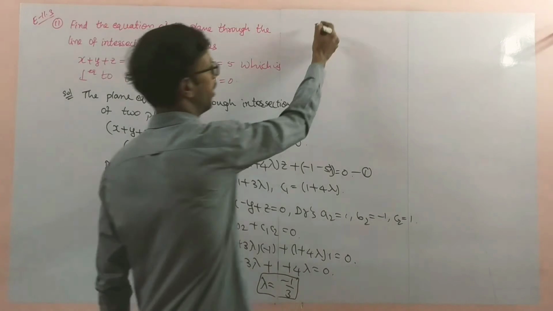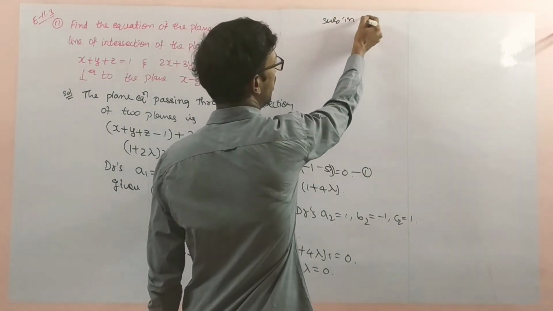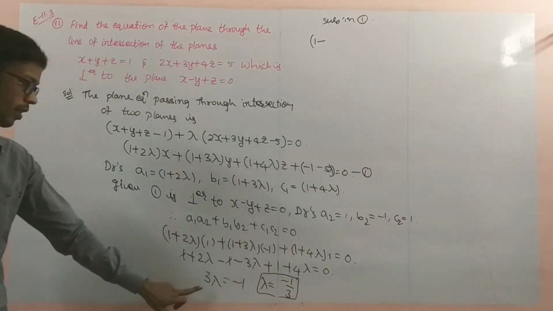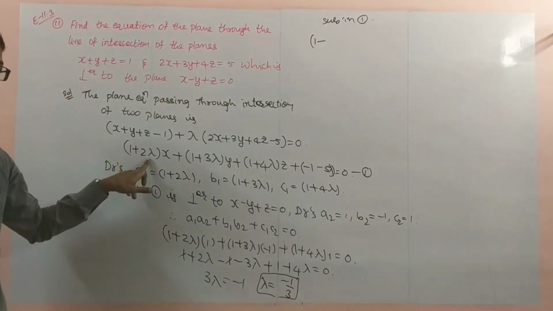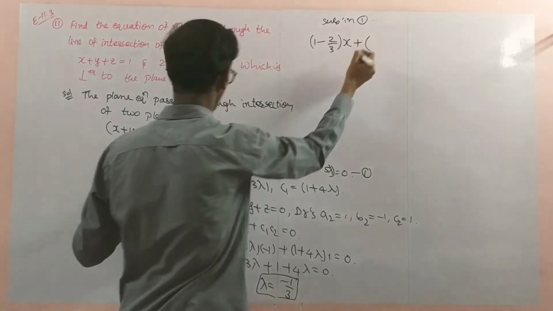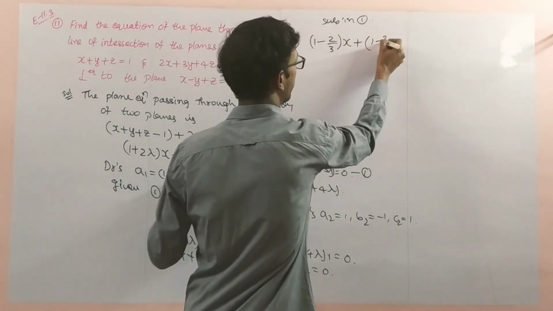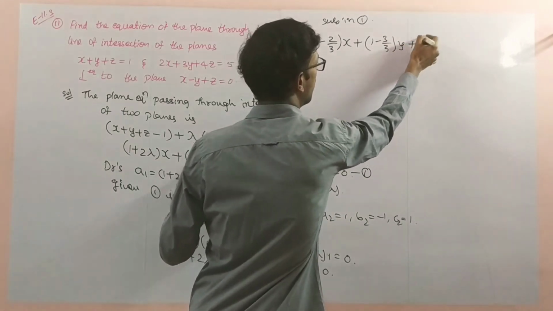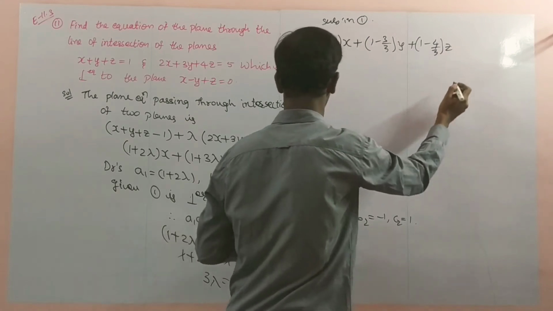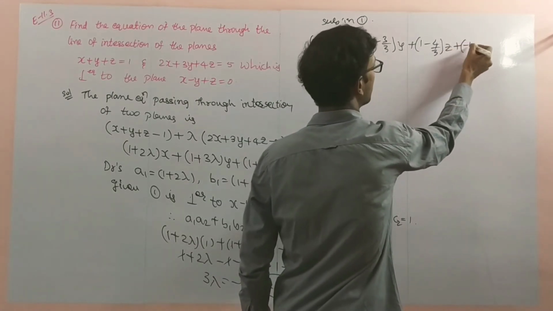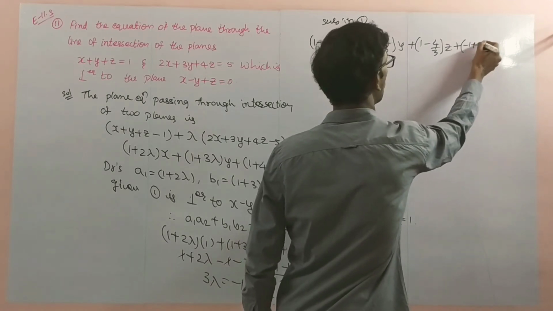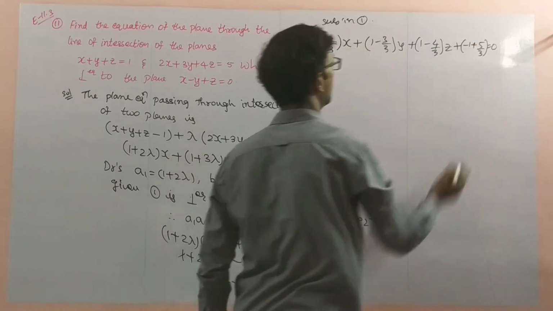Substitute in equation 1. So 1 plus minus 1 by 3. If we are substituting here, minus 2 by 3 you will get. Minus 2 by 3 x plus 1 minus 3 by 3 y plus 1 minus 4 by 3 z plus minus 1 minus 2 plus 5 by 3 equal to 0.